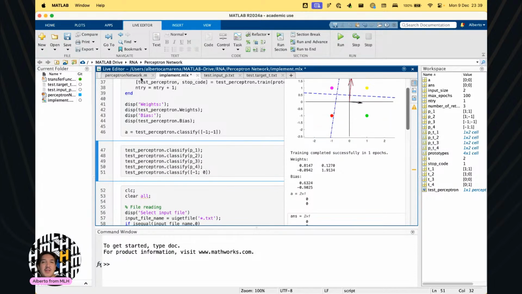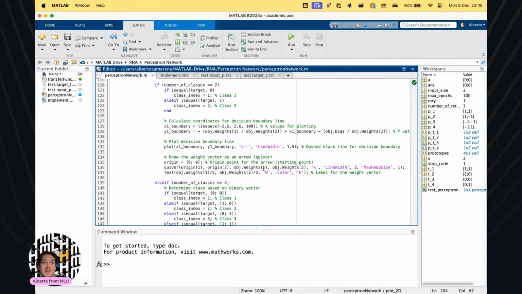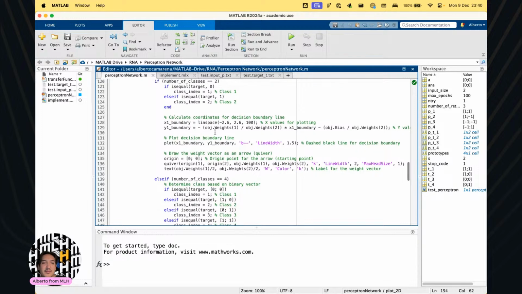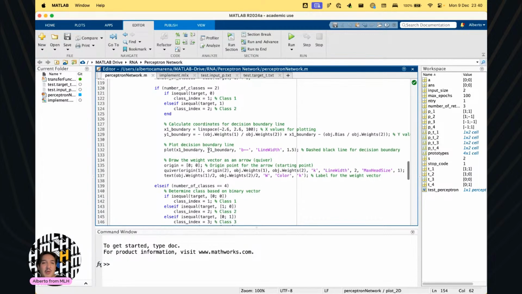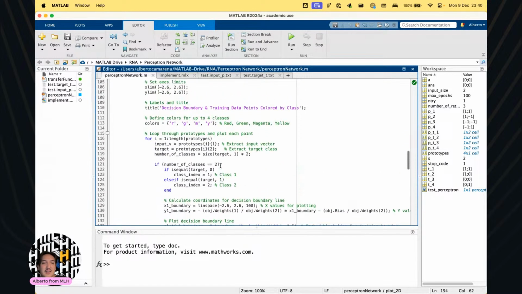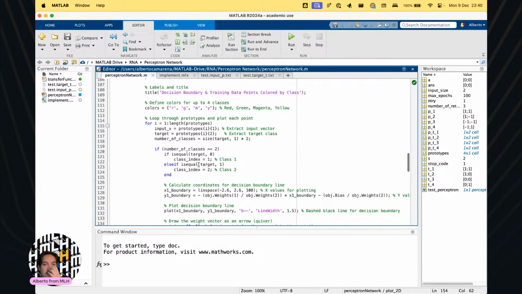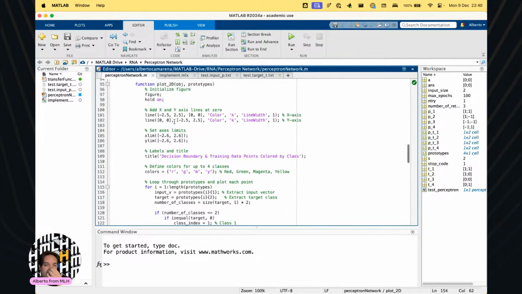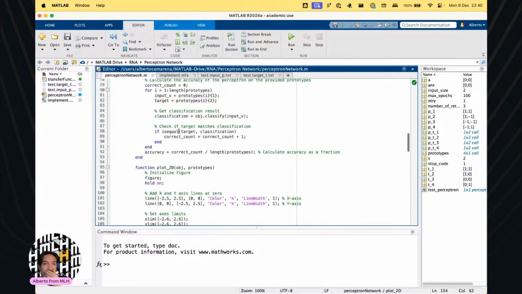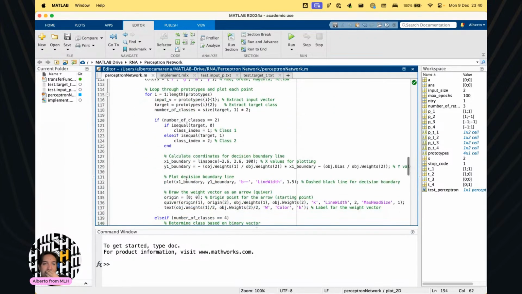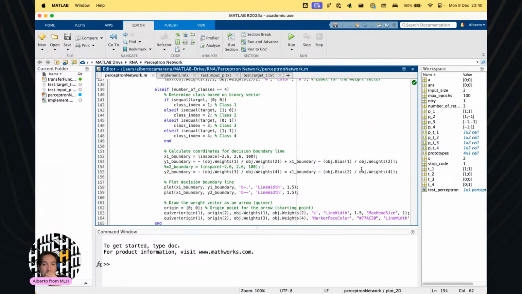I may be doing something wrong with these, where I'm drawing the lines. Let me check something. Line. Initialize class 2, class 1. I'm multiplying weight 1, 2, 3, 4 to decision boundary.